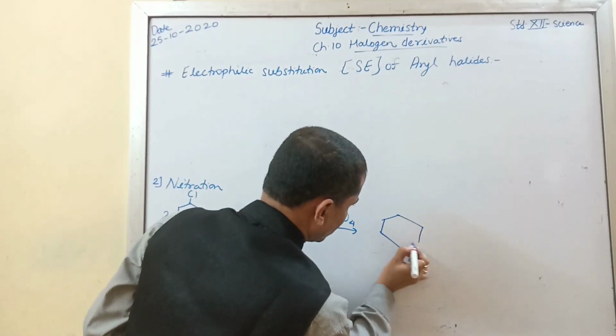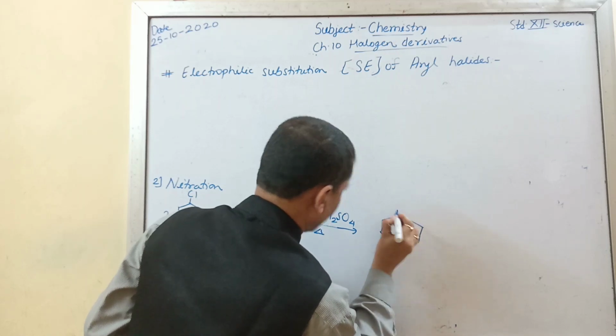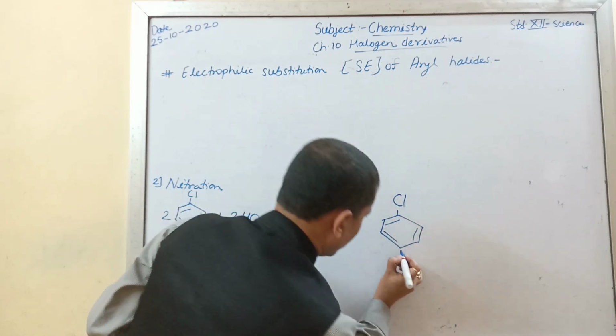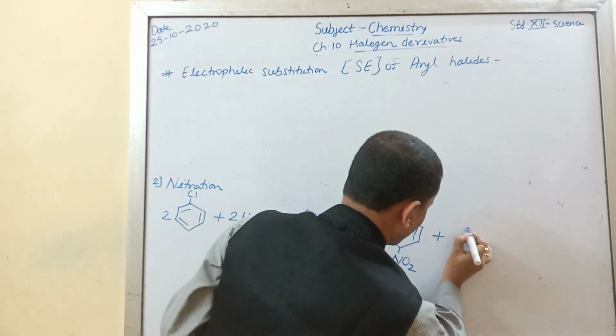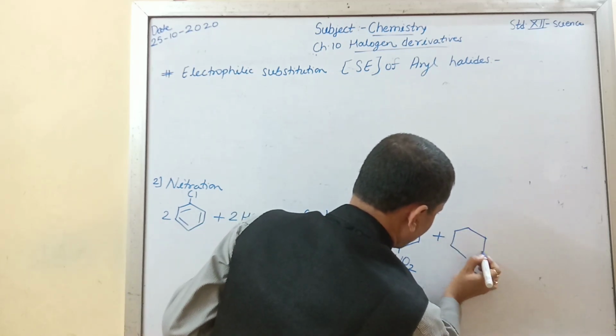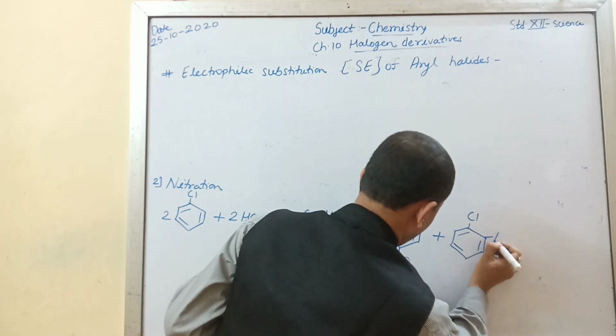So here you get chlorine, and here you get NO2, plus chlorine and NO2.